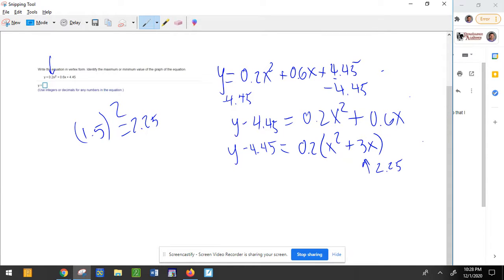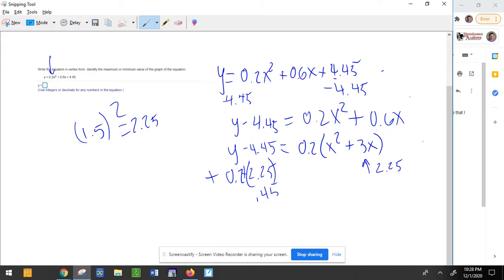All right. So then when I add it to the left side, I also need to factor in that the coefficient out front is 0.2. So I really need to multiply it by 0.2 before I add it. When you multiply that by 0.2, it's just 0.45, which kind of works out, right?